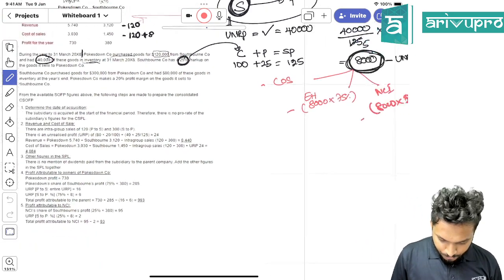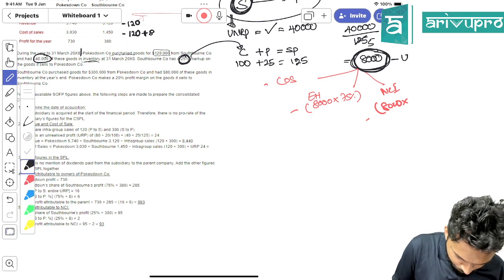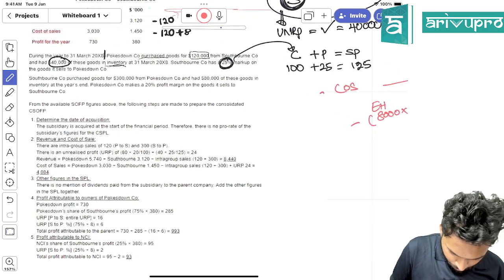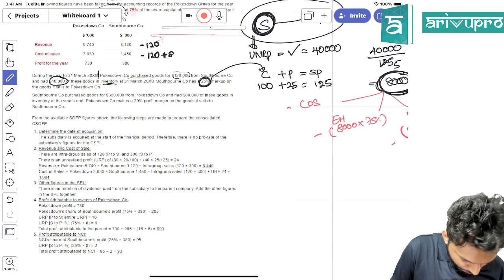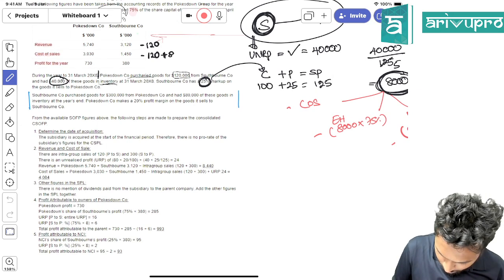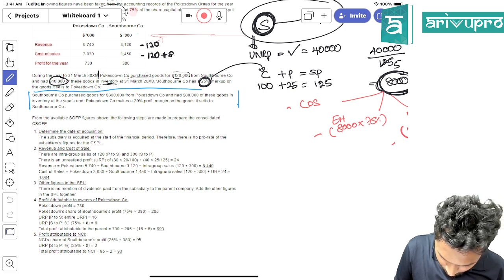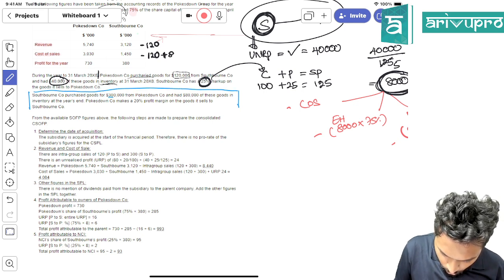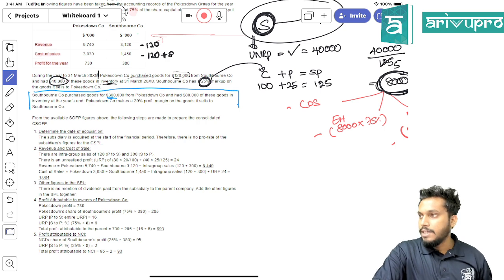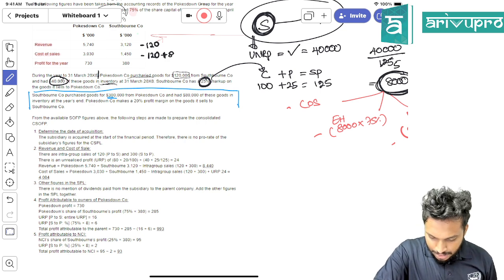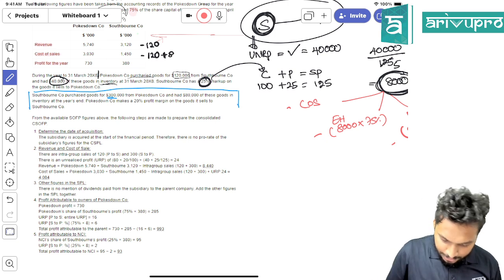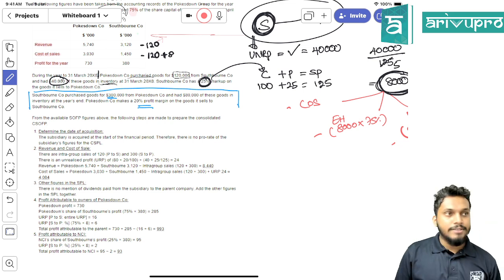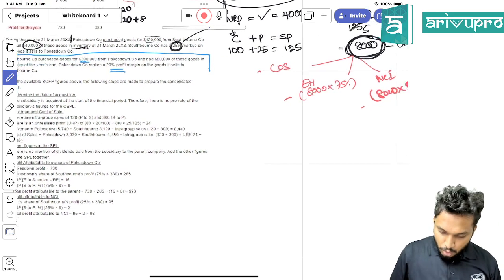Then the next one, the second adjustment I'm talking about: S company purchased goods for $300,000 from P company and had 80,000 of these goods in the inventory, and they are using margin 20%. So who has sold to whom?